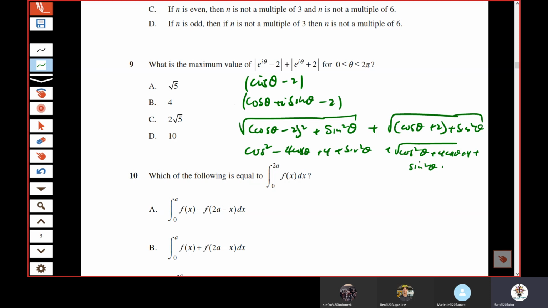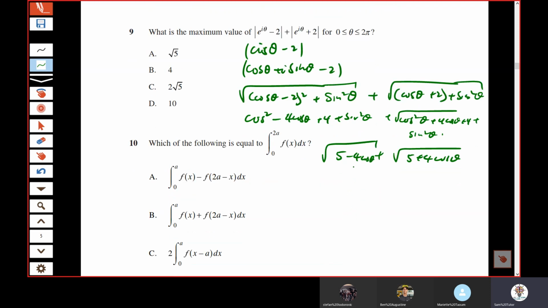Cos squared plus sine squared is 1. 1 plus 4 is the square root of 5 plus 4 cos θ, plus the square root of 5 minus 4 cos θ. I'm going about this the wrong way again. 5 minus 4 cos θ.